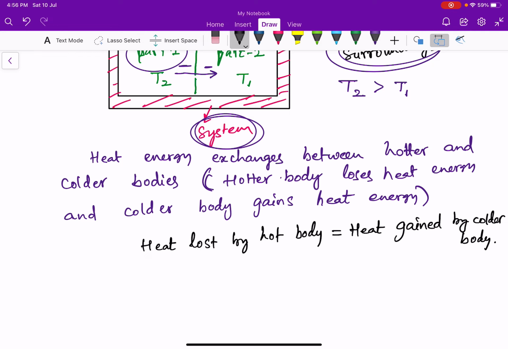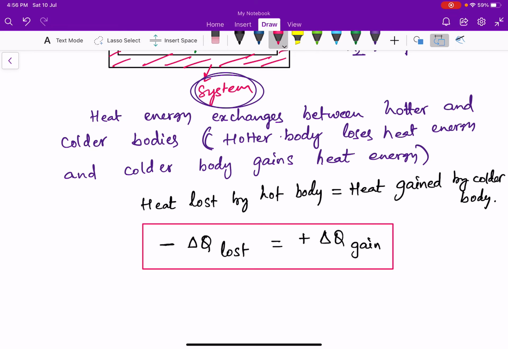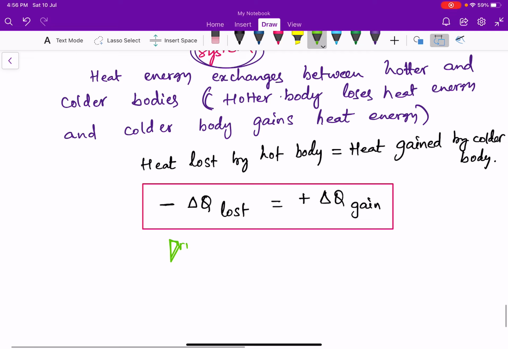We know the sign convention: heat lost is negative, and that is equal to heat gained by the colder body, heat gain being positive. So this is the principle of calorimetry. Heat lost by hot body equal to heat gained by colder body is the principle of calorimetry.